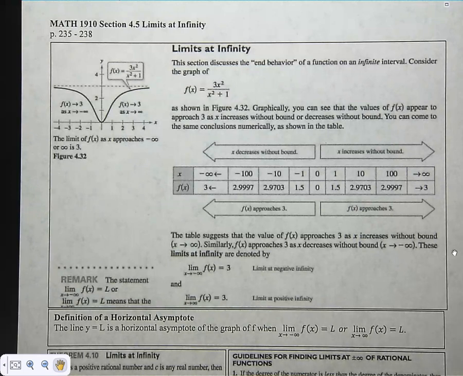What's this function doing as we go forever to the left or forever to the right, as x's get infinitely small or infinitely big? Those are called limits at infinity, as opposed to what we talked about, I think it was 2.3, 2.4-ish. We had infinite limits.